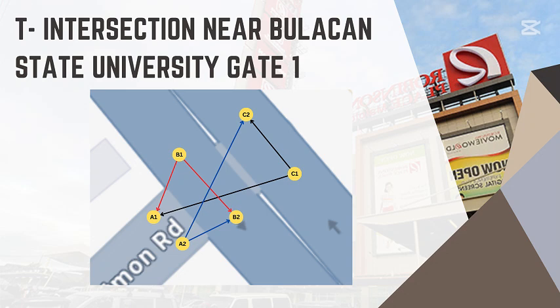According to maximum flow analysis, traffic builds up when the inflow of vehicles from source nodes, which is A2, B1, and C1, exceeds the capacity of sink nodes A1, B2, and C2. This mismatch leads to congestion and delays.